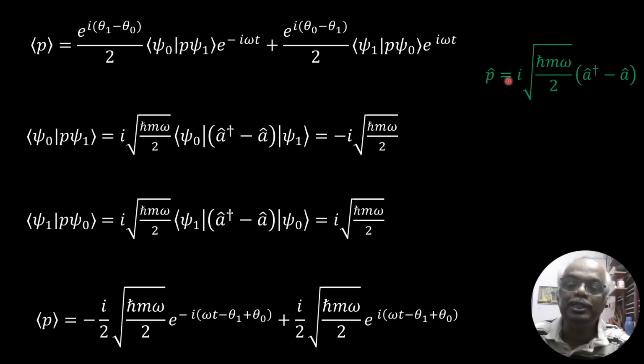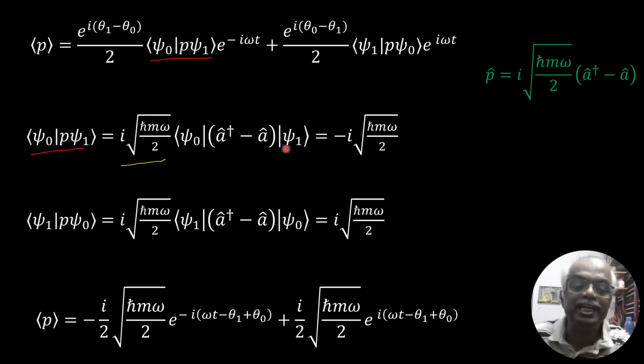Now we know p is equal to i square root of h cross m omega by 2 times a dagger minus a. So now you take the first inner product and replace p by its operator in the harmonic oscillator. The i square root of h cross m omega over 2 is a constant, I am taking it out, and plugging a dagger minus a inside this inner product.